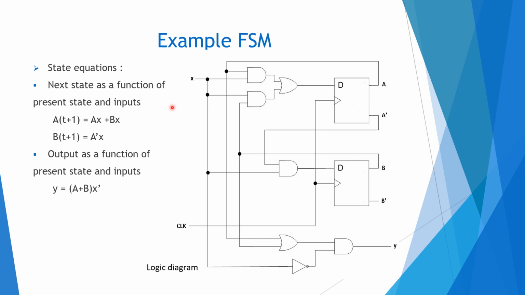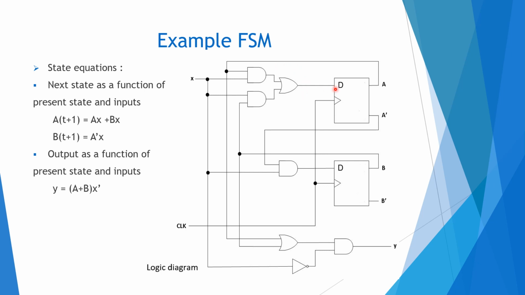So we'll first write the state equations according to the circuit diagram: the next state as a function of present state and inputs. A(t+1) is the next state of A flip-flop. You can see from here, it is AX plus BX.